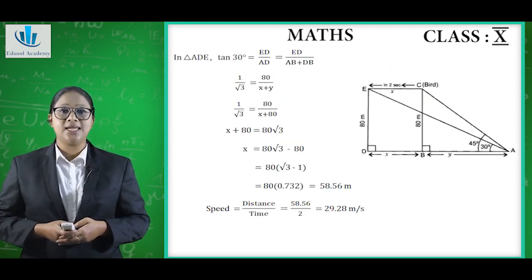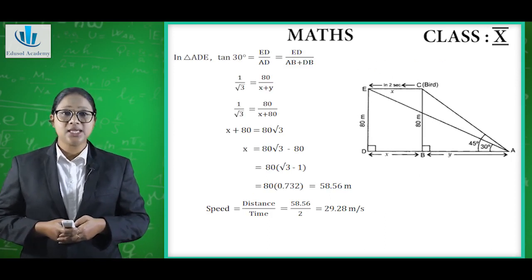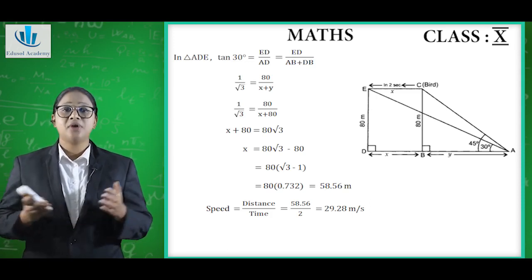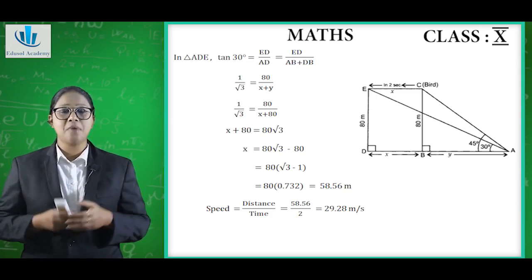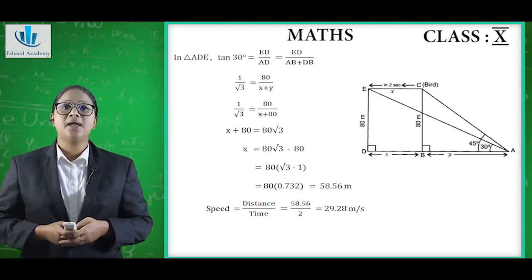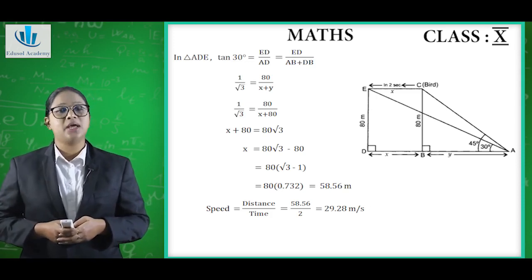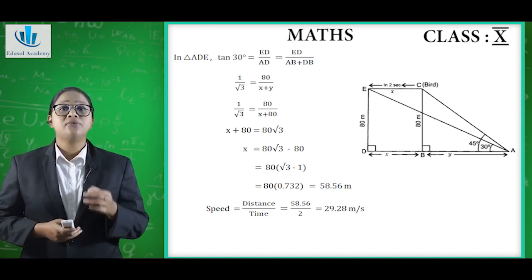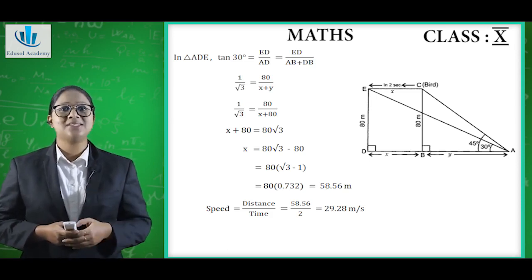Now in triangle ADE, tan 30 is equal to ED by AD. ED by AD can be further divided into its constituent parts, that is AB plus DE or X plus Y. Now we already know the value of Y, so we can find the value of X as 58.56 meter.